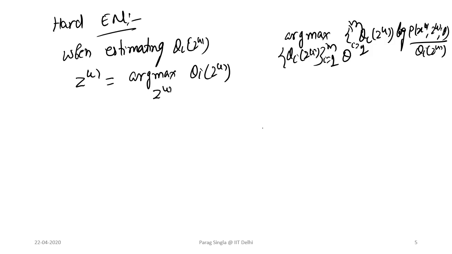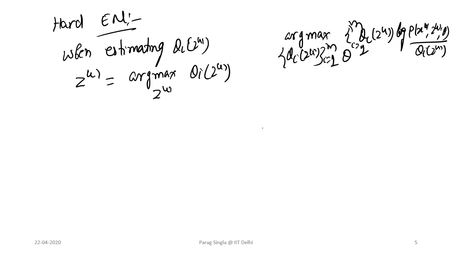So instead of using the entire distribution obtained from the E step, you fill in z_i with the maximum value of q_i(z_i).